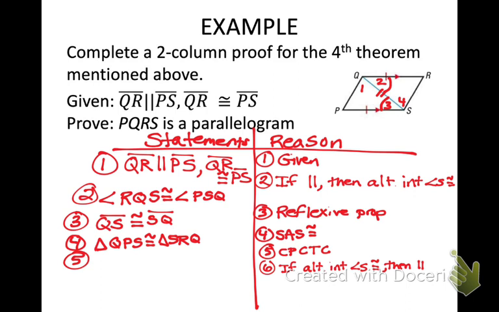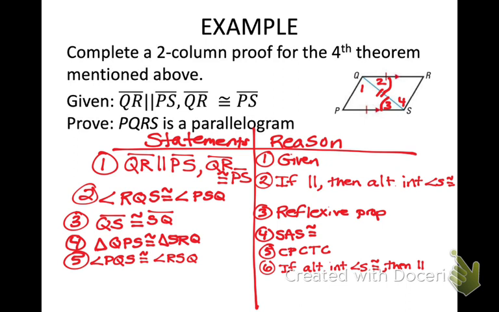We did a CPCTC. So now I need to pick out the corresponding part of the congruent triangles that I'm choosing to show congruent. So that was angles 1 and 4. Naming angle 1 is PQS, so angle PQS is congruent to angle 4, which would be RSQ.